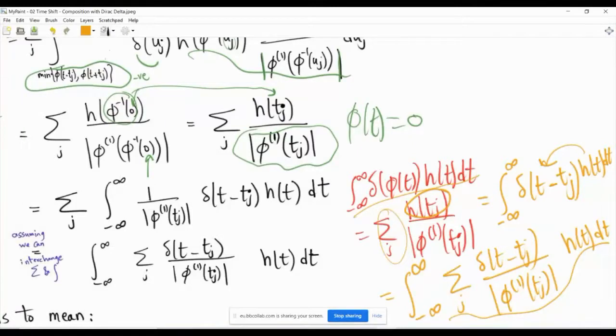The delta of phi of t, when we compose a function phi of t with delta, is what we get here.